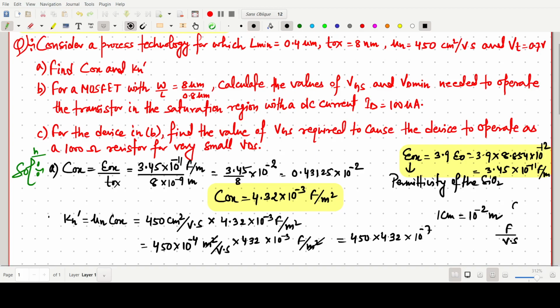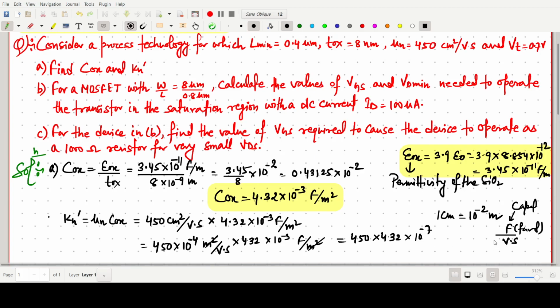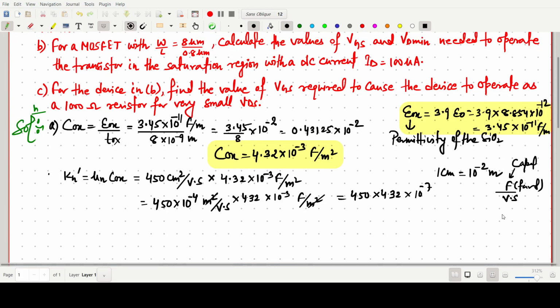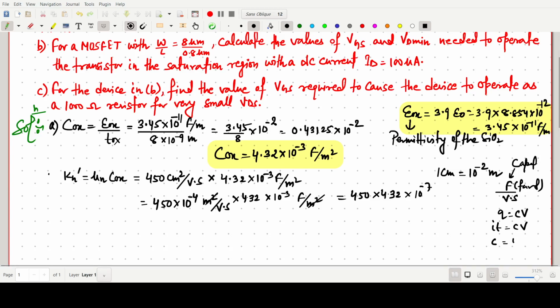Why am I writing this? The capacitor unit is farad. Since Q equals CV, the C value can be written as Q by V, meaning ampere second by volt.